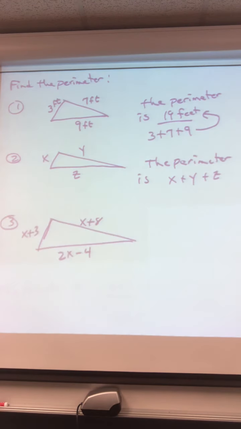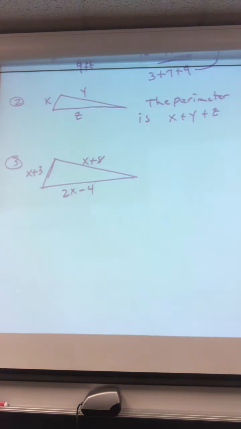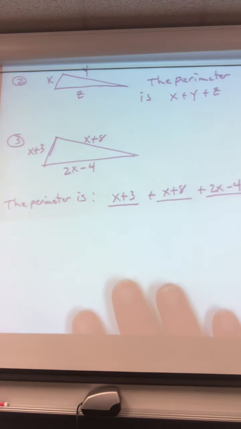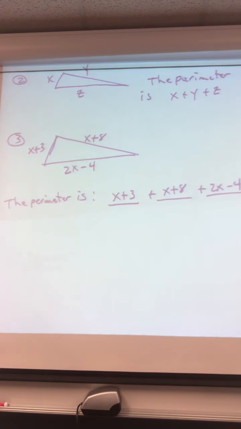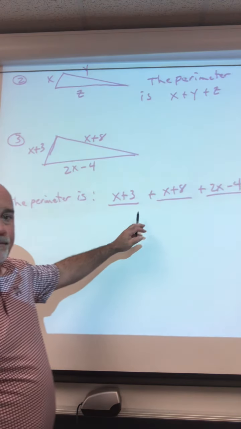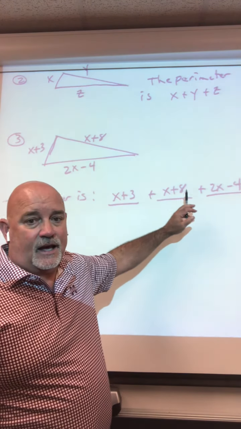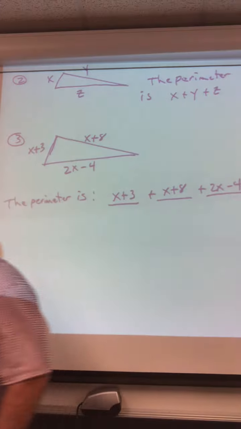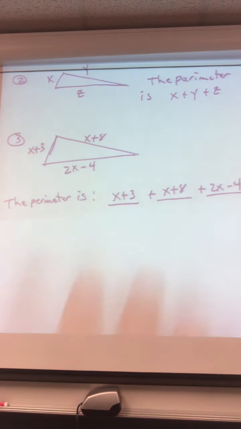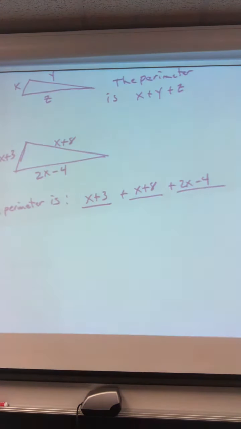All right, so let's suppose we have another triangle. And I said, what is the perimeter? The perimeter would just simply be the sum of the 3 sides. So it would be the first side plus the second side plus the third side. Now, here's the difference.